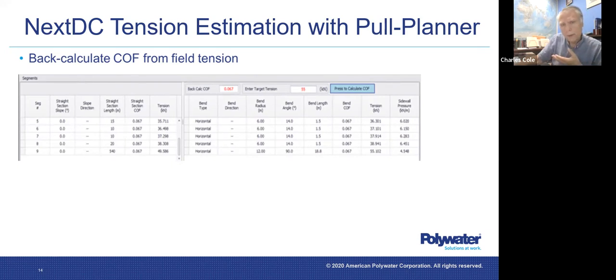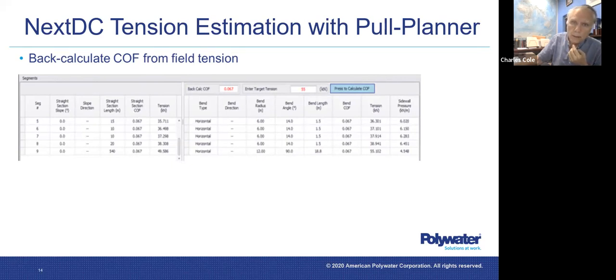They pulled and they measured tension while they were pulling, and by measuring the ending tension, they were able to back calculate the coefficient of friction.